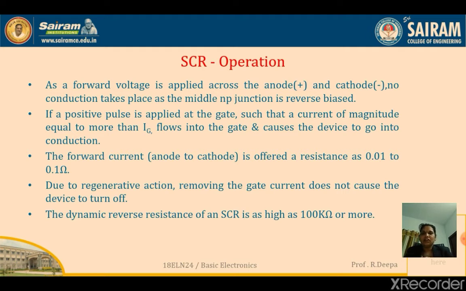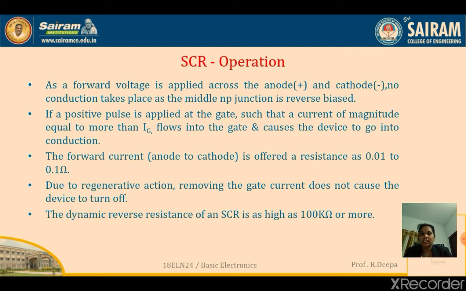Now, in order to make the device conduct, we apply a positive pulse across the gate, such that a current flows from the gate terminal, and it causes the device to go into conduction.